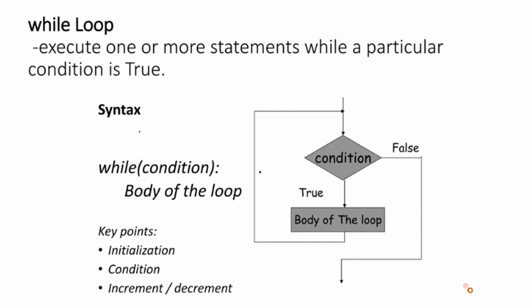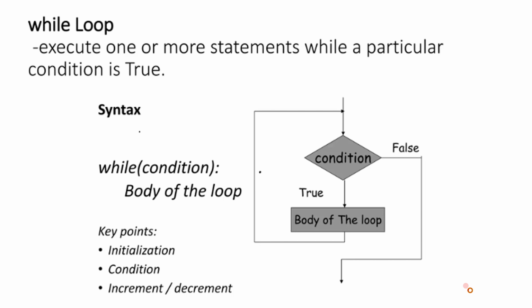As you can see here, the syntax. What does syntax mean? You are already aware of the syntax. That means how to write a particular code. According to the syntax of the while loop, first you need to provide the initialization, which must be written above the while loop. Then inside the while line you have to maintain the condition and put the colon.